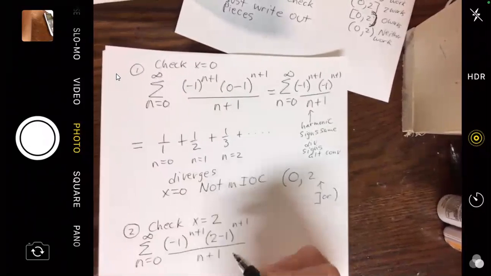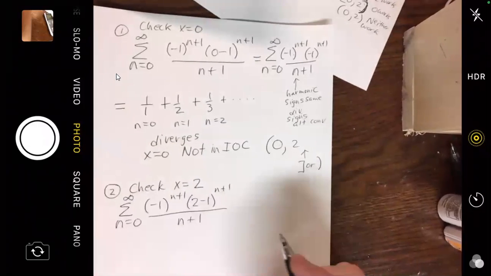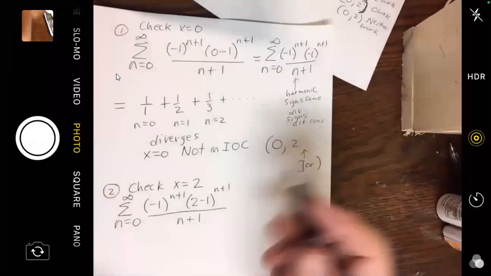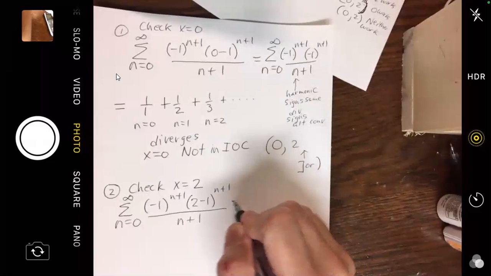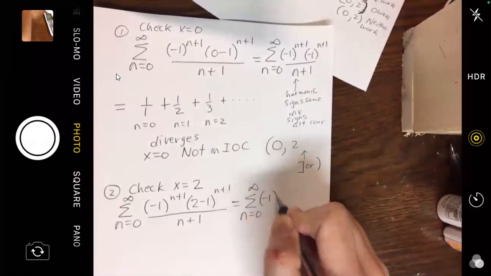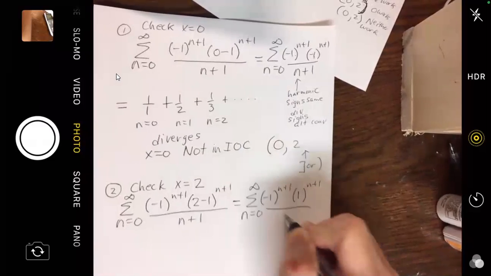Unless you are a real genius and can tell from that, I can't. Who knows? That's why if you write out pieces and look for signs, or look for your clues, this is going to be a sum of n equals 0 to infinity of negative 1 to the n plus 1, 1 to the n plus 1 over n plus 1.